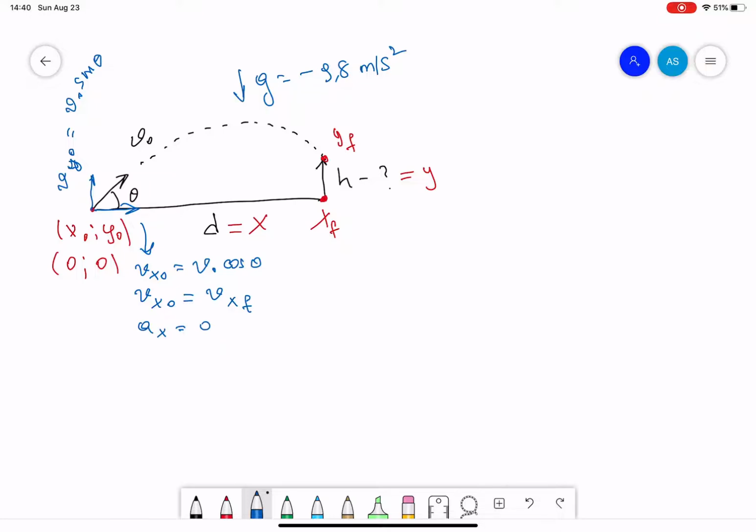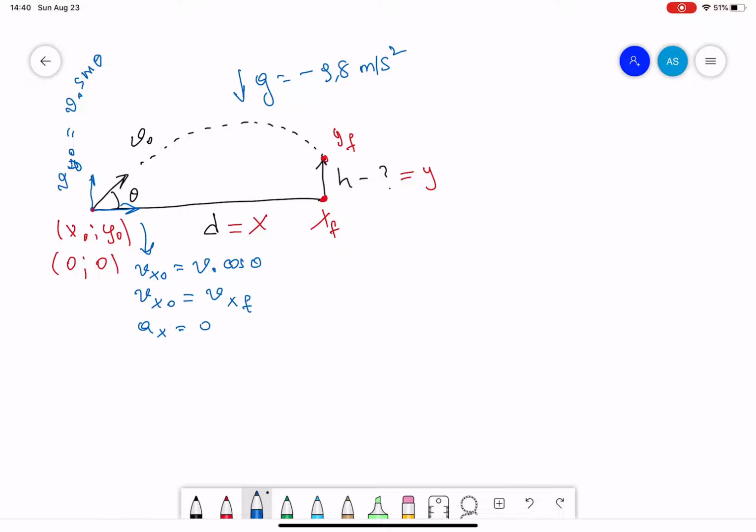Now, if we know all these things, we have to understand one thing. When the water is coming with initial velocity, the time to reach x final is a certain time, right?